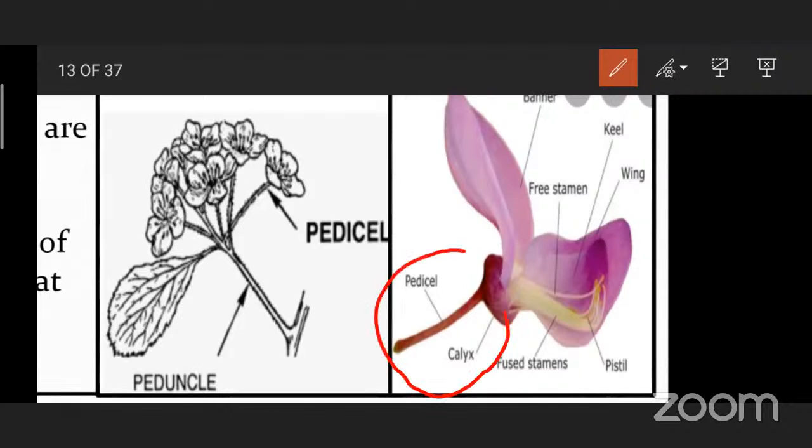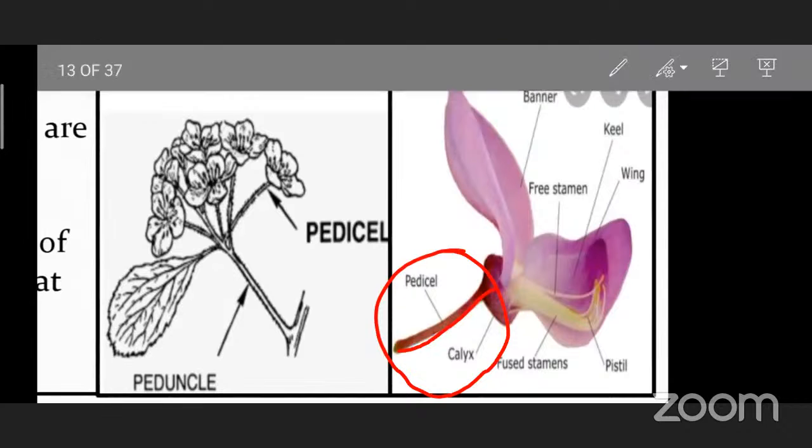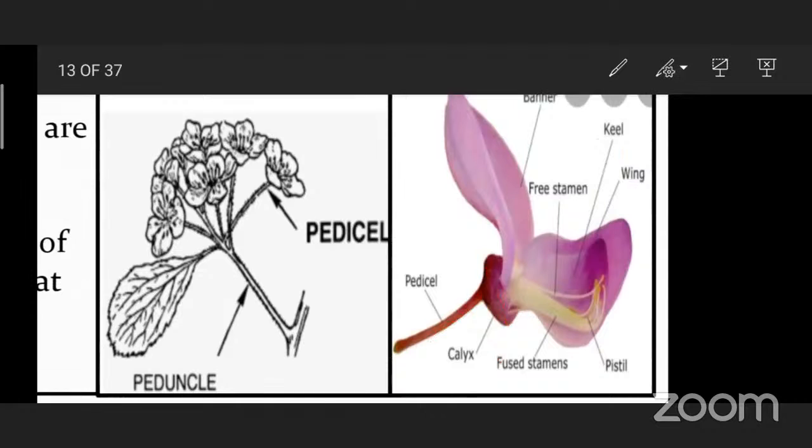See here, this is the pedicel. The stalk of an individual flower is known as the pedicel. This is also a pedicel. This is the pedicel.